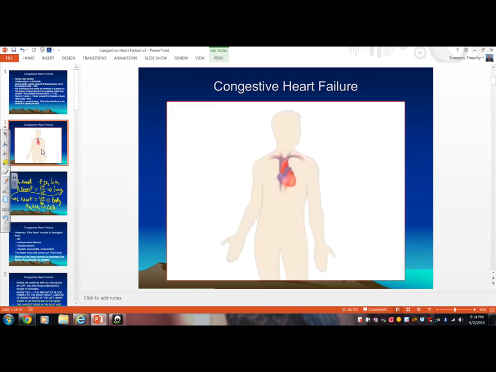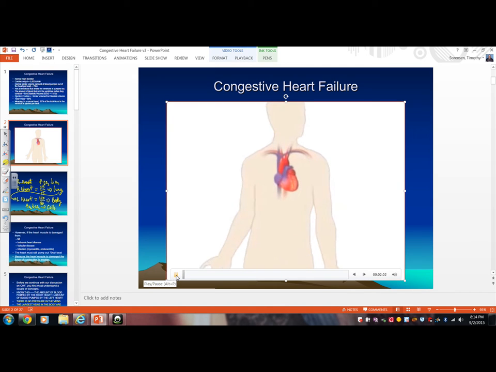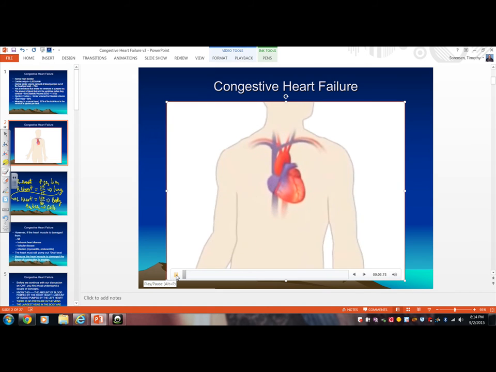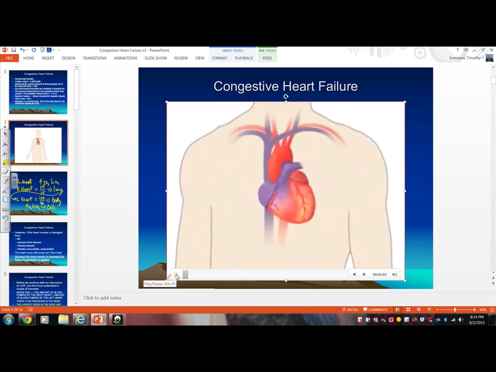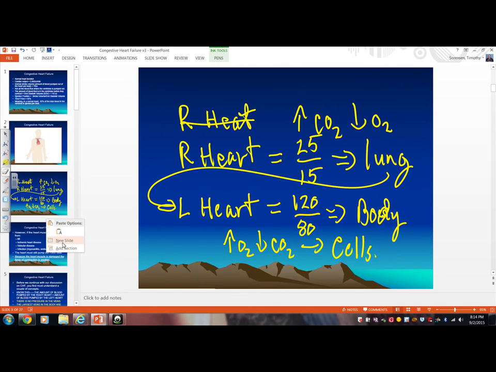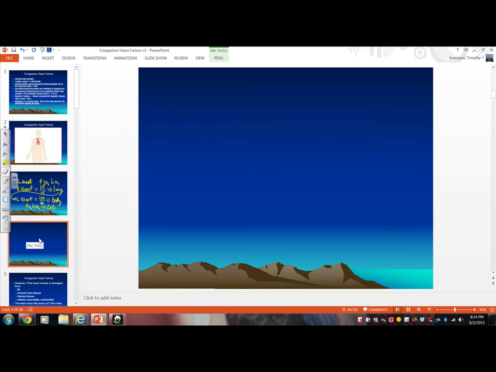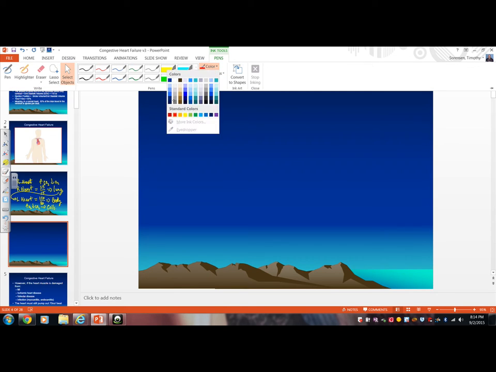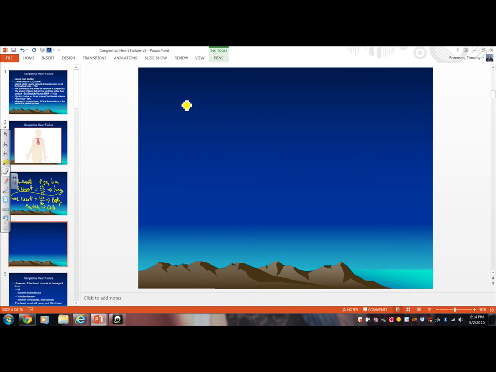All right, so watch. Let's go back. Remember, the right and left side of the heart pump the same amount of blood. And there is a law that you are familiar with. You had anatomy and physiology, and it is called Starling's law.